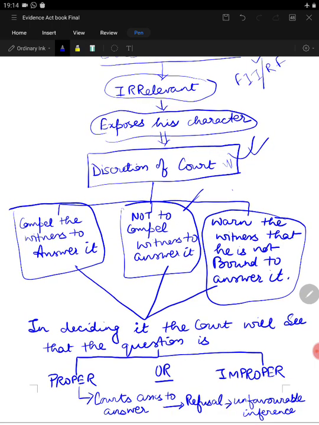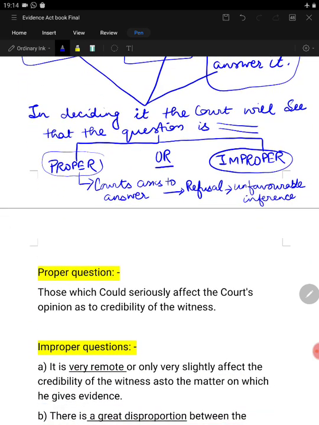Now, how is the court to decide whether to compel or whether to warn? The court will decide whether the question is proper or improper. Proper questions are those which would seriously affect the court's opinion as to the credibility of the witness.